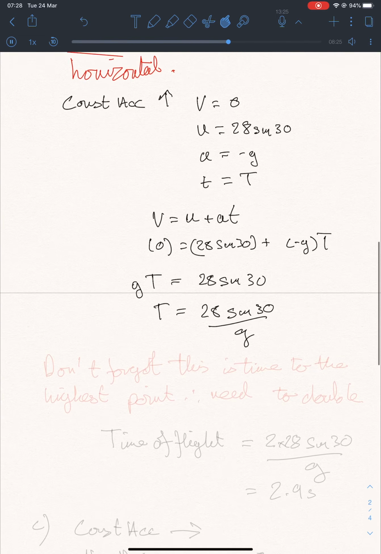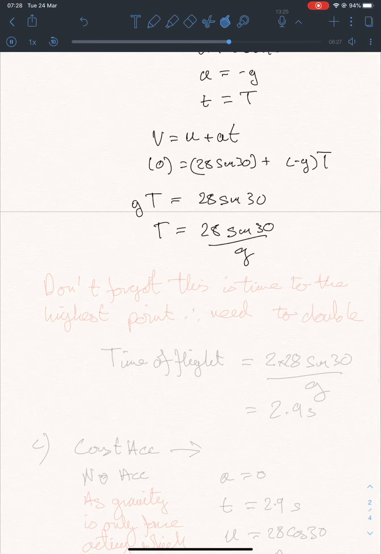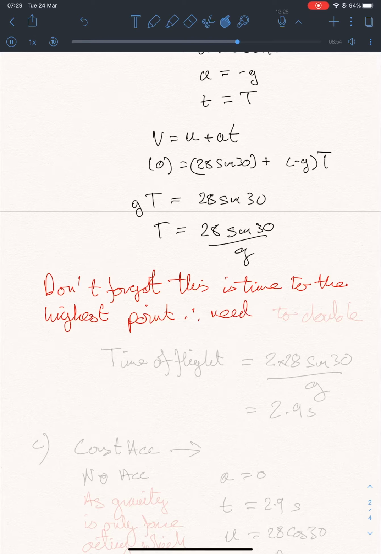So total time of flight, and don't forget, this is time to the highest point, therefore need to double.